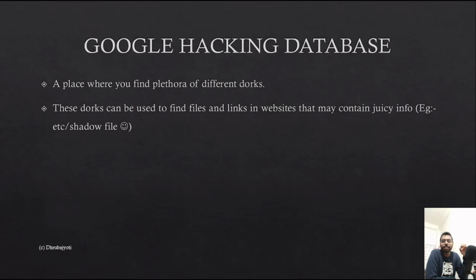This file tells which links you should browse, and which links should not be indexed by a search engine. So by using these types of dorks, you can extract juicy information, like for example the etc shadow file in a certain web server.